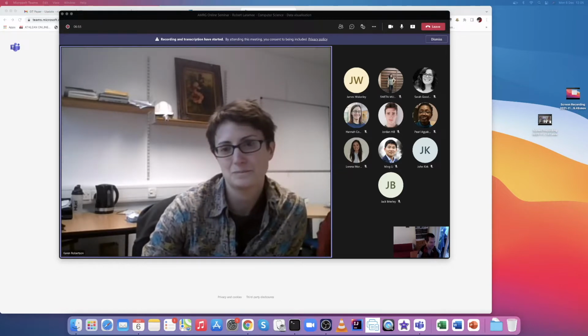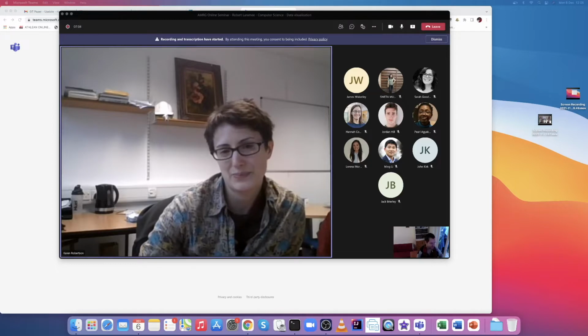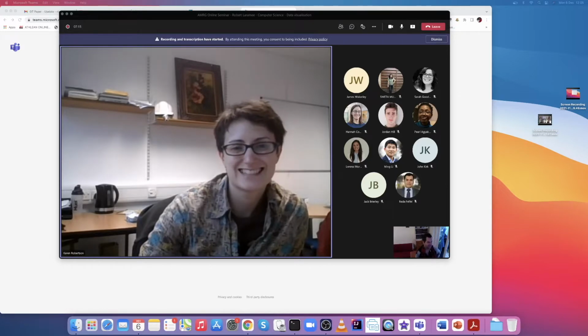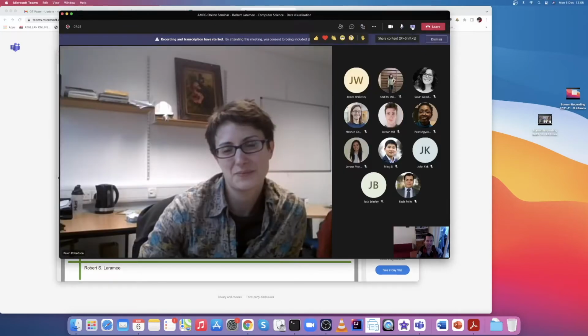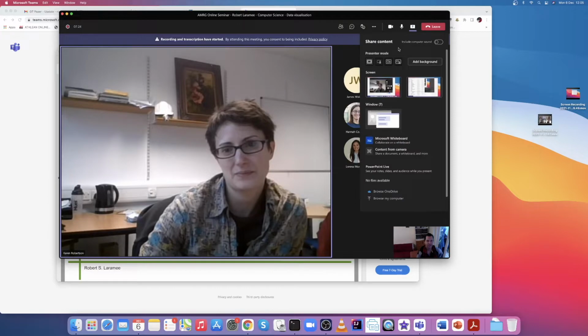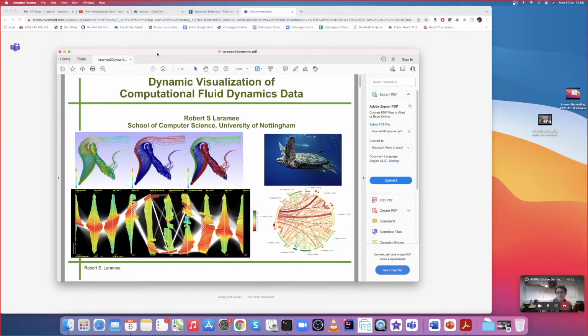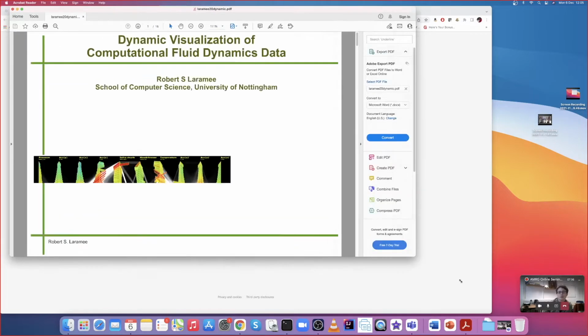Let's see if I can get this to work. I do have slides somewhere, I just need to find them. No worries. That's the problem I have with so many windows. Okay, now I think I have it working. Right, and just before we start, as always, please keep yourself muted, and we'll take questions in the chat or raise hand function afterwards.